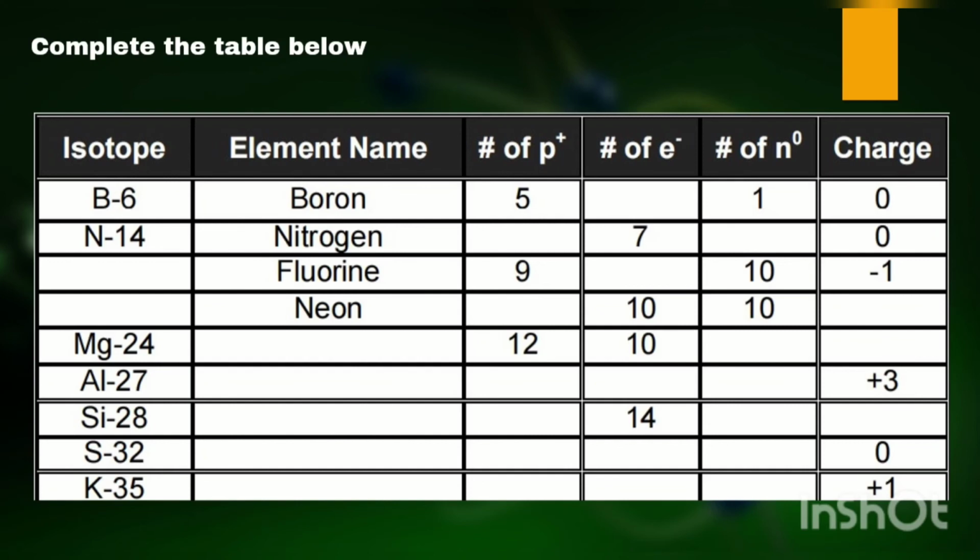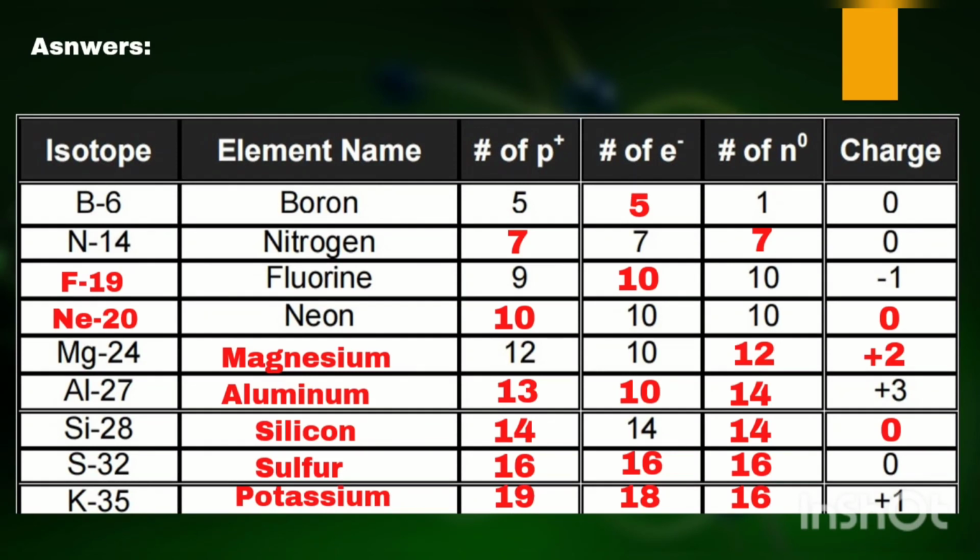Alright, let us have our answer. Okay, if you got the perfect score, then very good. Atomic number is the atom's numeric identity. No two atoms have the same atomic number. The mass of the atom is concentrated in the nucleus.